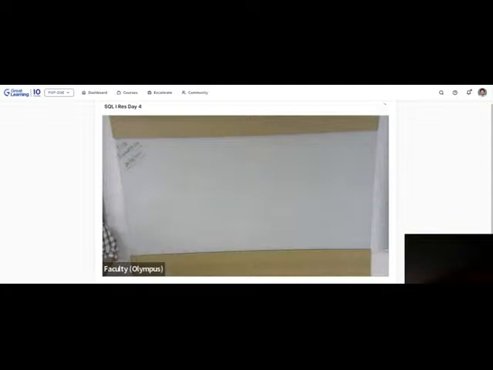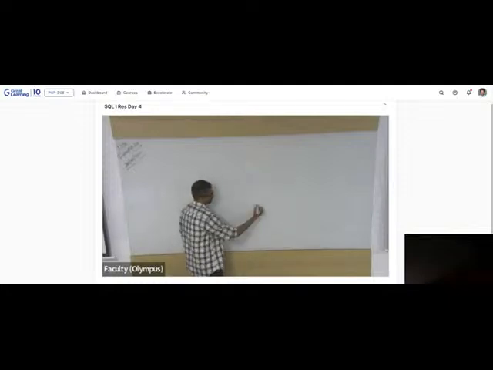Then there is something called self join. Self join is when you try to join the same table with itself. It's not a type of join, but just a way of writing. I wrote just now, right? Cricket and cricket on both sides. When the same table is joined with itself, it is called self join.